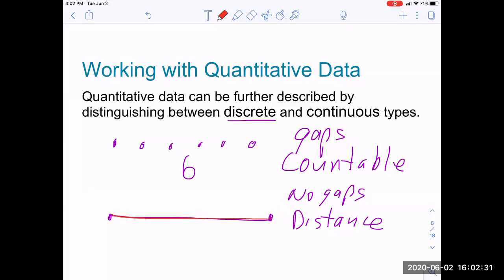You know, maybe this is pi inches. Well, pi is 3.14, blah, blah, blah. It goes on forever. It doesn't end. So things like distance, time, weight are continuous.